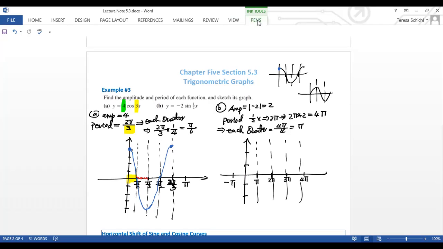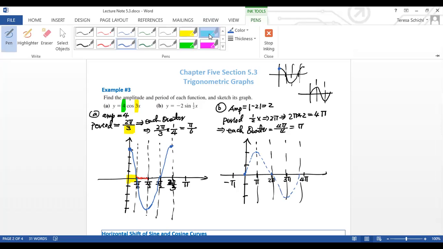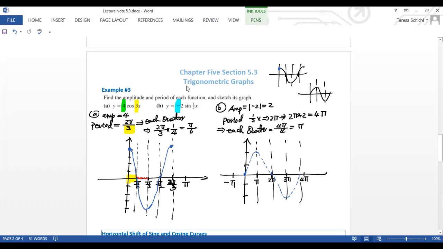Then you go from 0, the amplitude is 2, so you go up to the 2, then you go down here, and down to the 2, you go to here, right? But I do this once here, so I take care of the period and amplitude, but I did not take care of this negative sign yet.